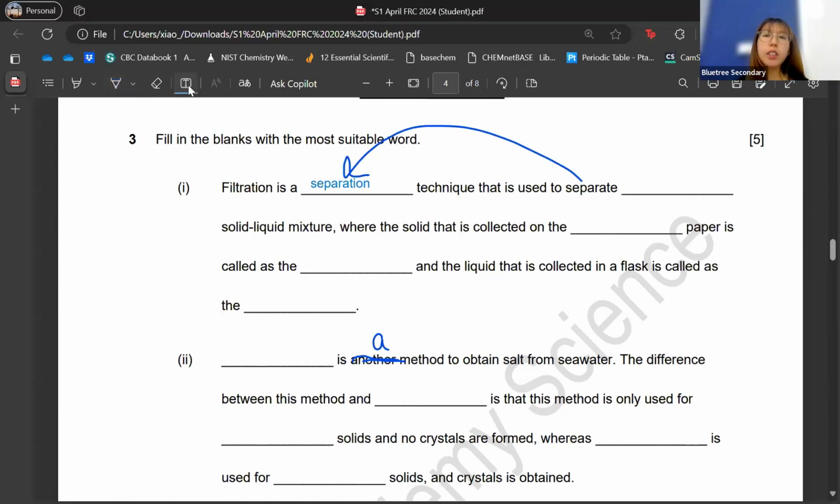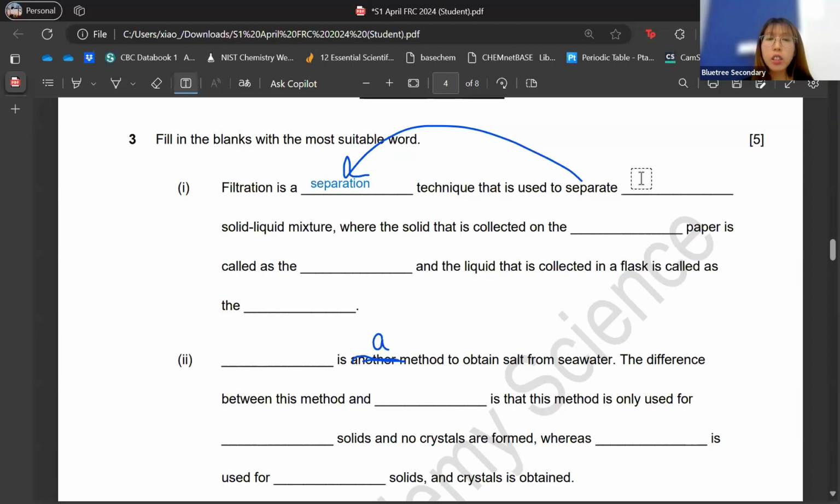Filtration is a separation technique that is used to separate blank solid liquid mixture. I always tell my students, filtration is very easy to pick up. As long as you have a solid in a liquid and your solid does not dissolve in the liquid, your immediate method to separate is filtration.